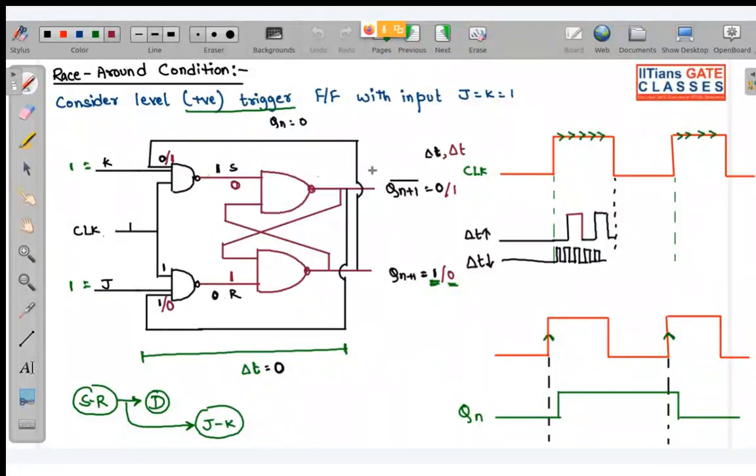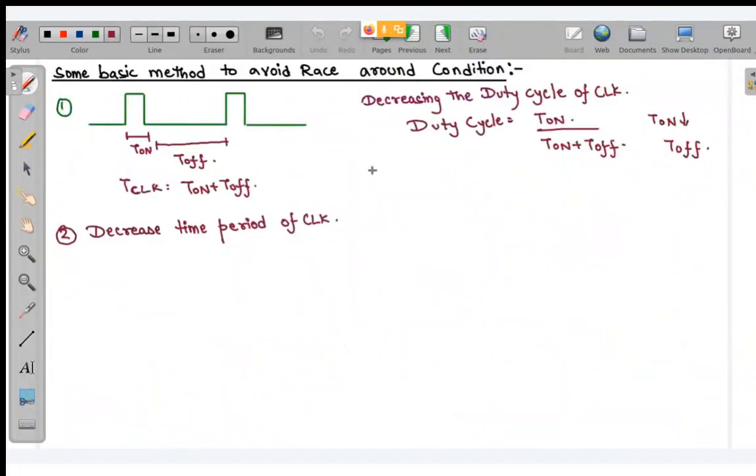Okay, clock frequency will increase, and in any digital circuit, even in your laptop, the clock frequency is always fixed. It is not like there is some different clock frequency in some of the circuit and a different clock frequency in some other places.